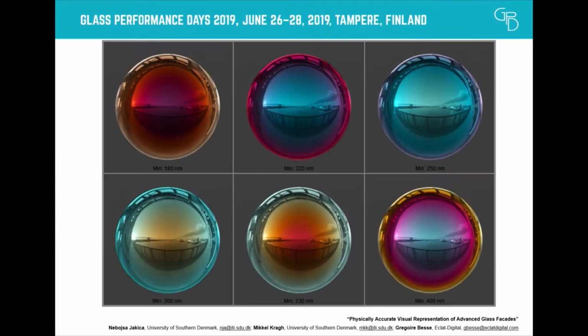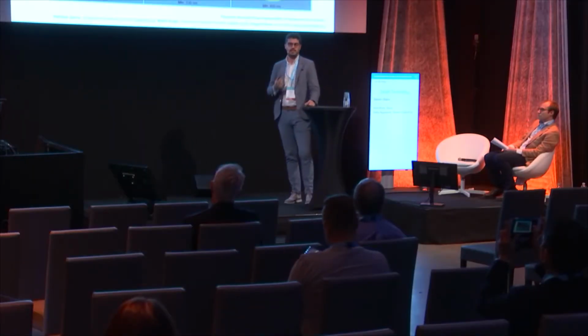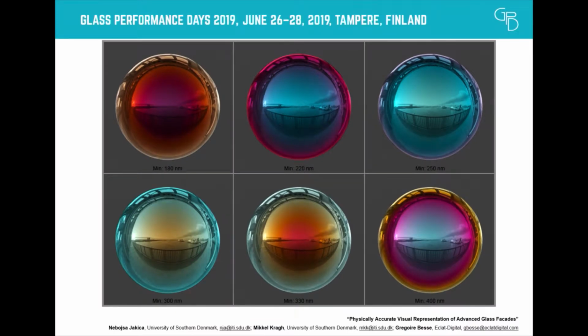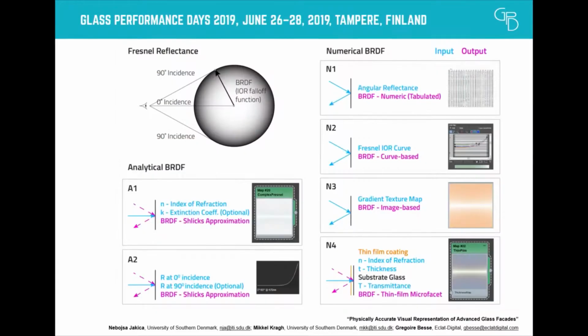But since this kind of effect is quite periodical, and it requires a lot of testing, especially with ellipsometry, to find out the right thickness of the coating, and especially the thickness of the silver within the coating, that is highly impractical for mass use. So we think that modeling with a thin film model wouldn't be practical in the near future.